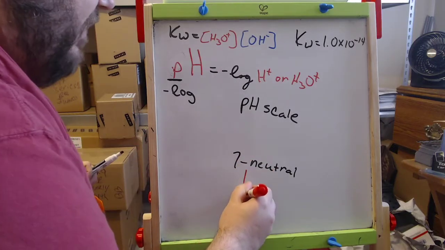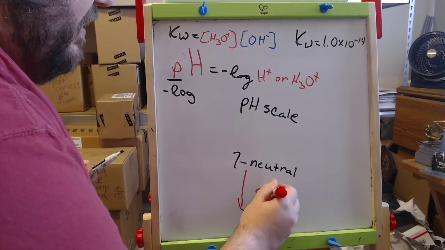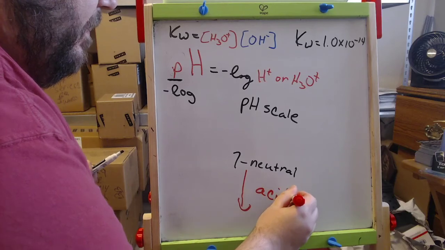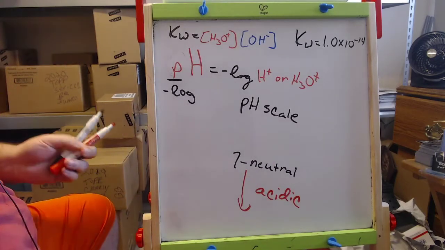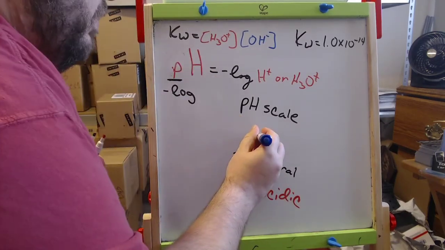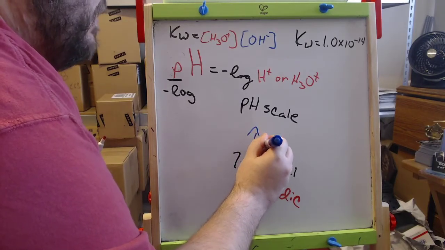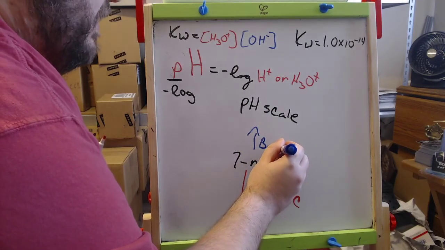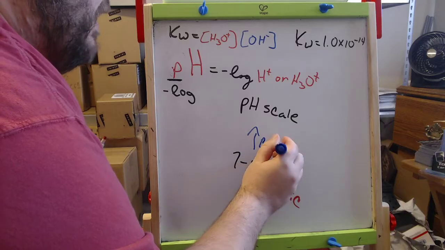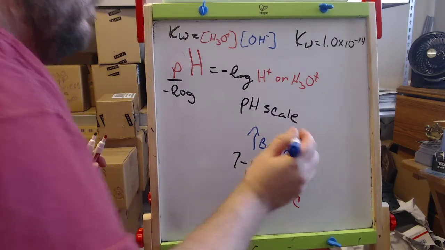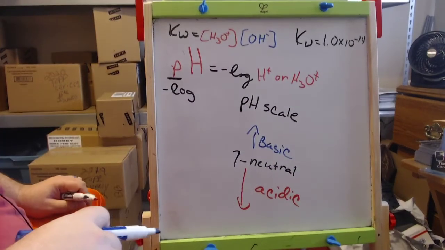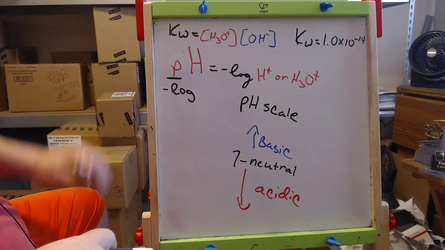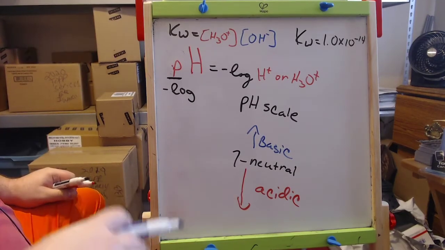Below 7 is acidic, and above 7 is basic. Now, I know they told you 1 to 14, but the math shows that it could actually go 0 to 15. So neutral 7, basic is anything above it, acidic is anything below it.